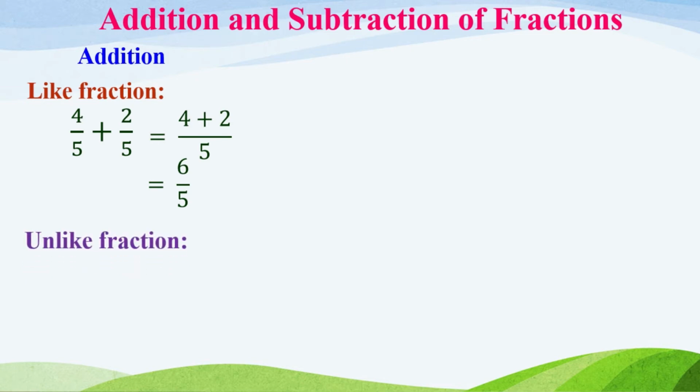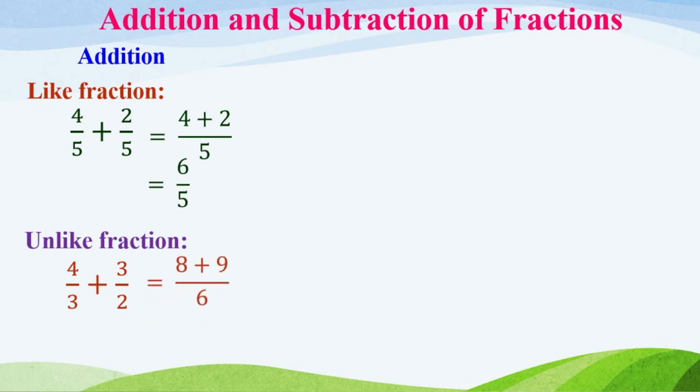Let's see unlike fraction. What is unlike fraction? Unlike fraction means different denominators. Let's see the example: 4 by 3 plus 3 by 2. See the denominators. Denominators are different. So unlike fraction means different denominators. When different denominators are given, we have to do cross multiplication or take the LCM.